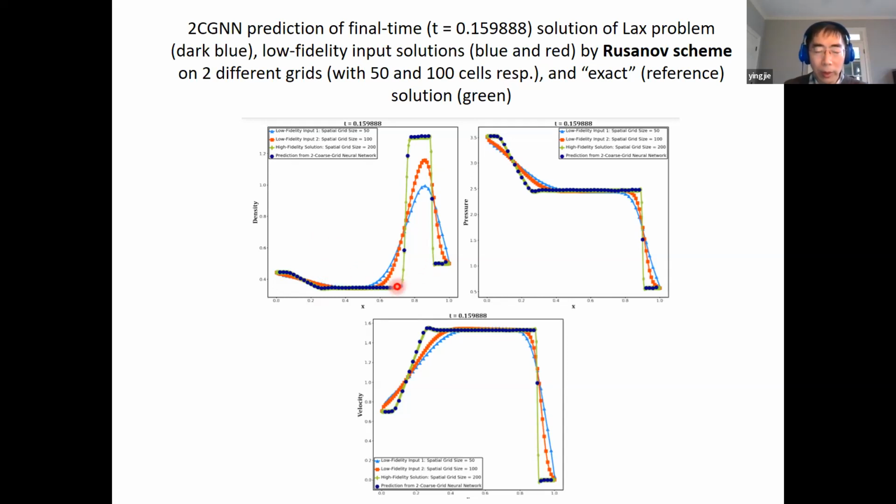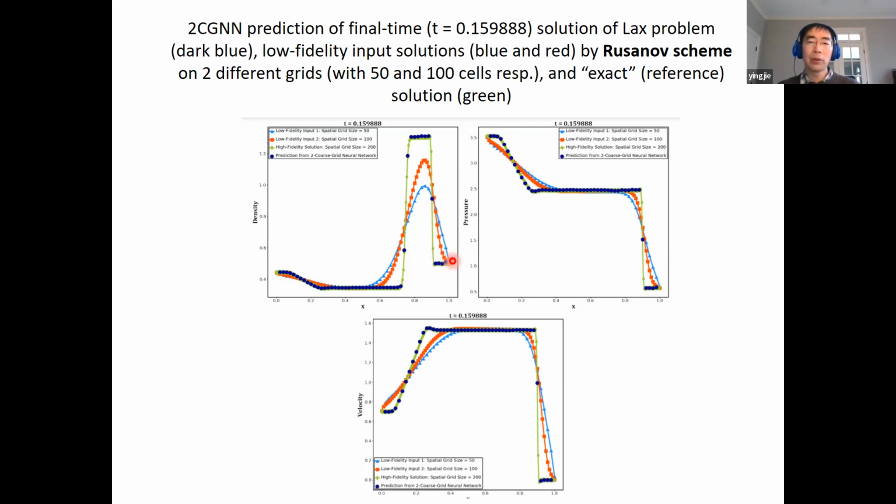Let's first look at the input. If you plot the inputs, the light blue one is the first order scheme on the original grid, which has 50 cells, and the red one is the same first order scheme computed on 100 cells. They are very diffusive.